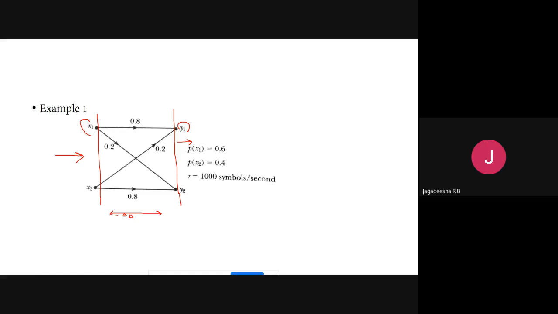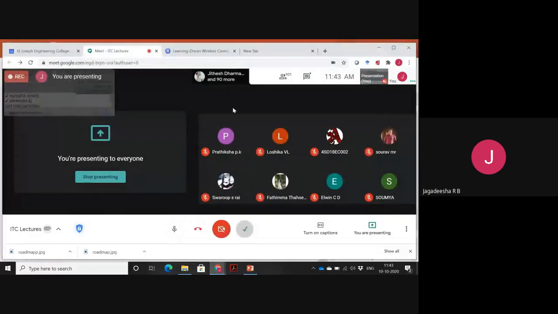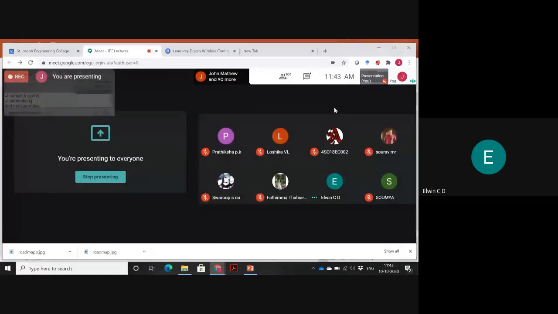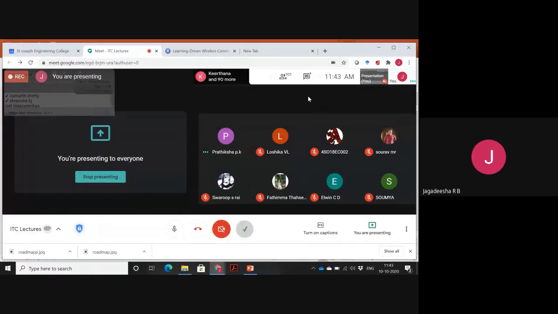Excuse me, sir. Yeah, please tell me. More than 5 to 6 members are not able to join. Okay, I will admit them. They said they are using the SGS email ID itself, but they are not able to enter the meet. I think the Google Meet number of participants is limited to only 100 participants. But I have 101. Is it? Not sure, sir.